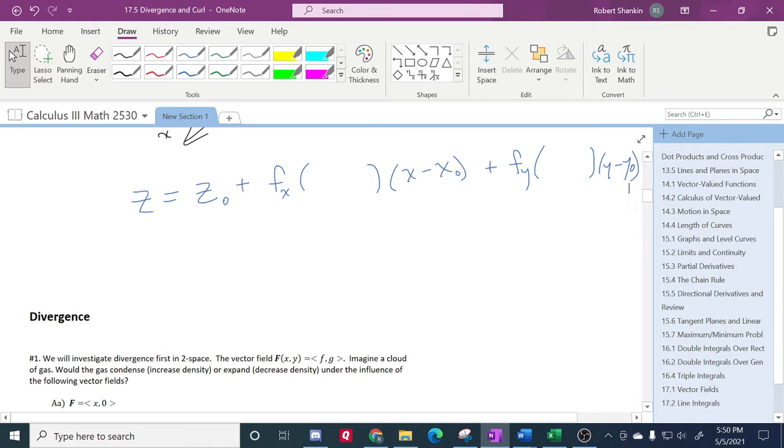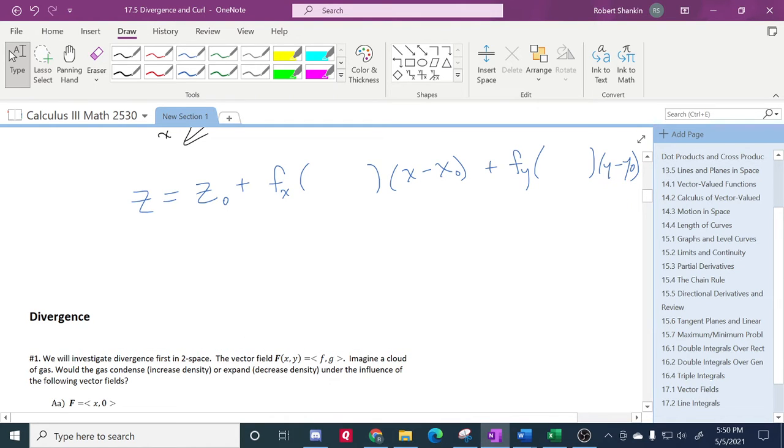We will investigate divergence first in 2-space, where we can draw pictures nice and easy. The vector field F of x, y is f, g. So little f is some function of x, y, and same with little g. And we use those functions to draw pictures of vector fields.